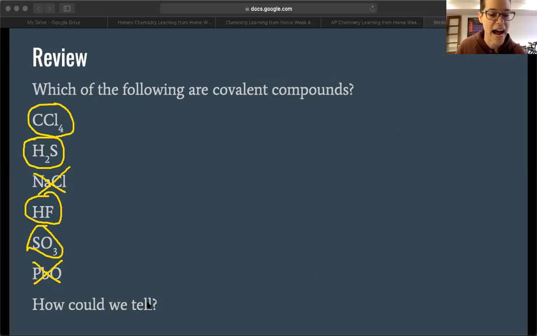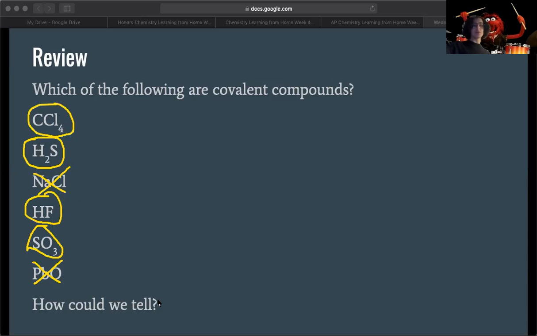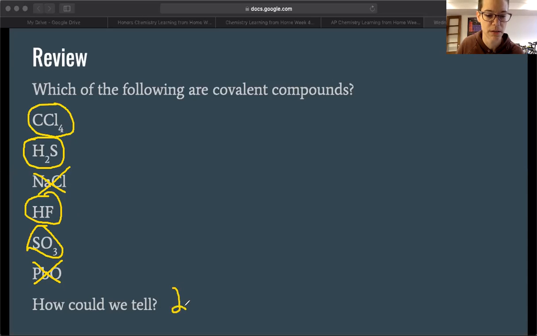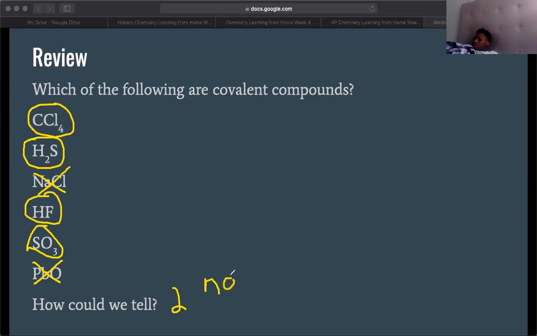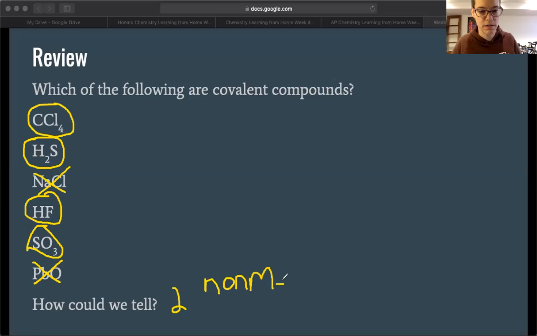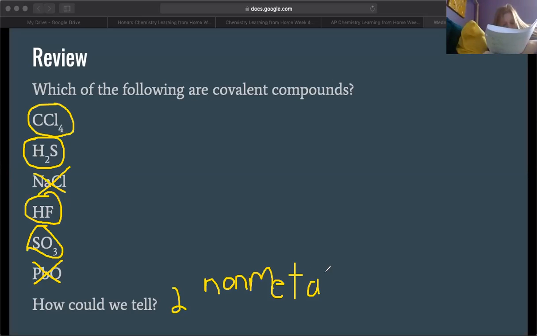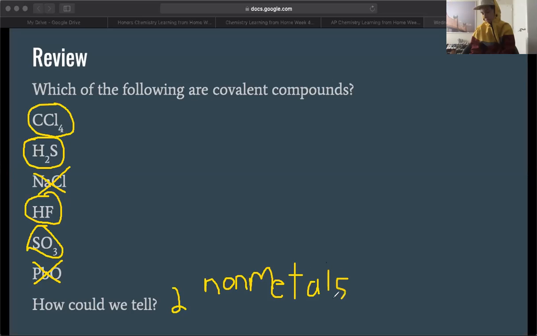Okay, so how could we tell? What was it that we were looking for? 2 nonmetals. Right, 2 nonmetals. Wait, Miss Baskin, is Pb one element and then O another one? Yes. Pb is lead. Lead is a metal.